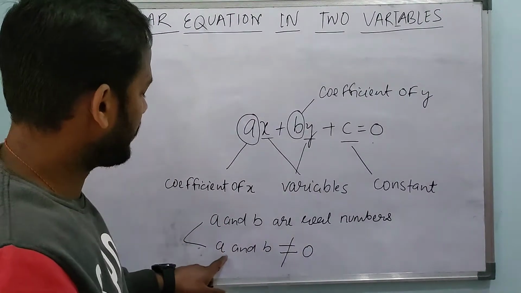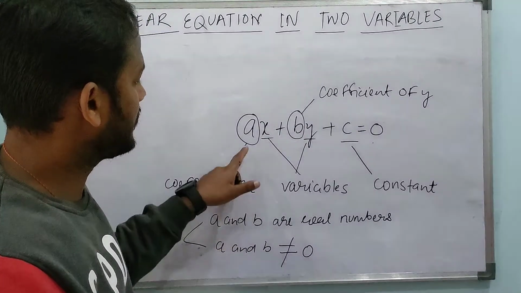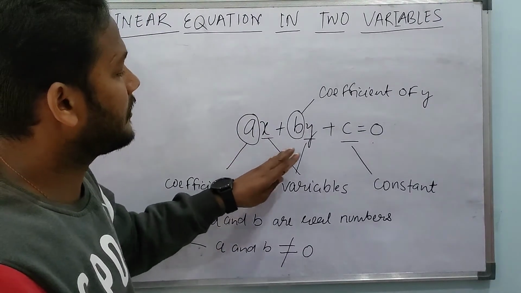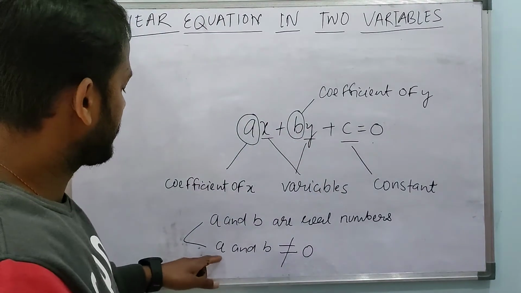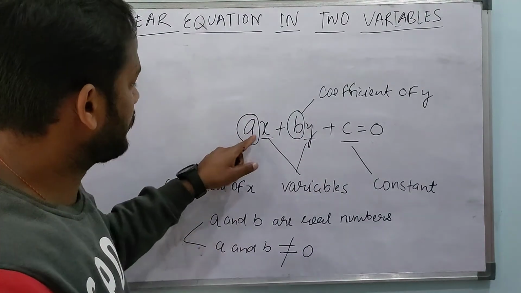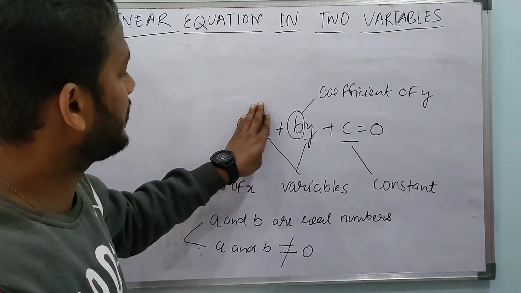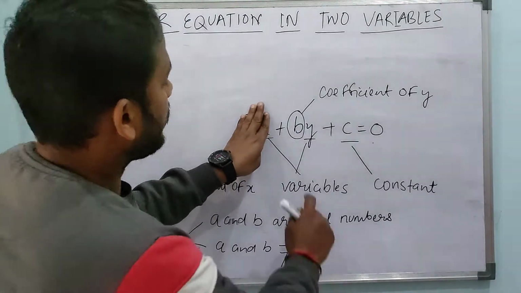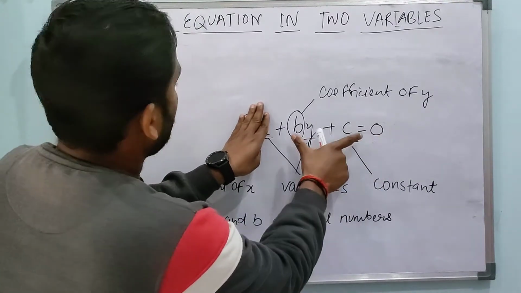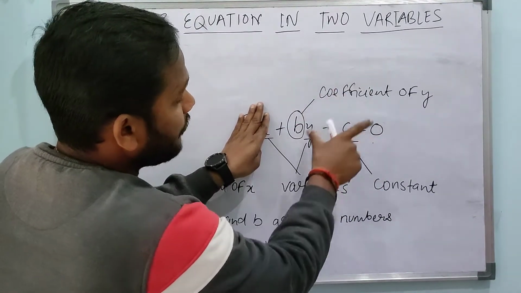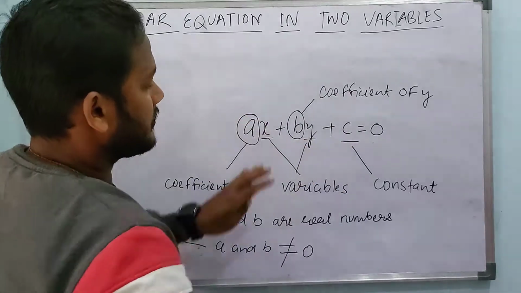If any one of a and b becomes 0, the equation becomes an equation in one variable. If we put a is equal to 0 in this equation, this term will vanish and the equation becomes by plus c is equal to 0, and this is a linear equation in one variable, not two variables.